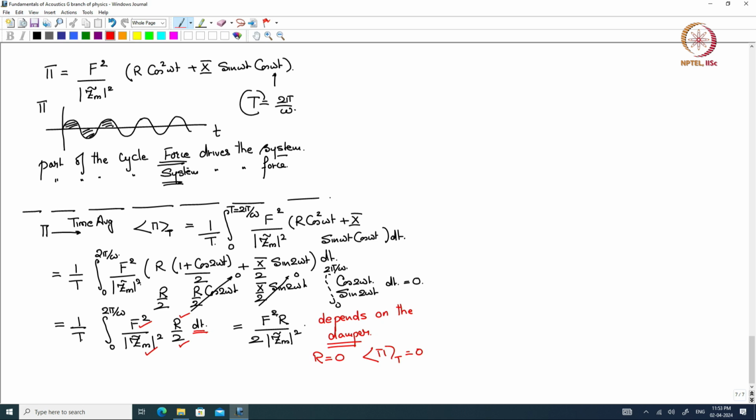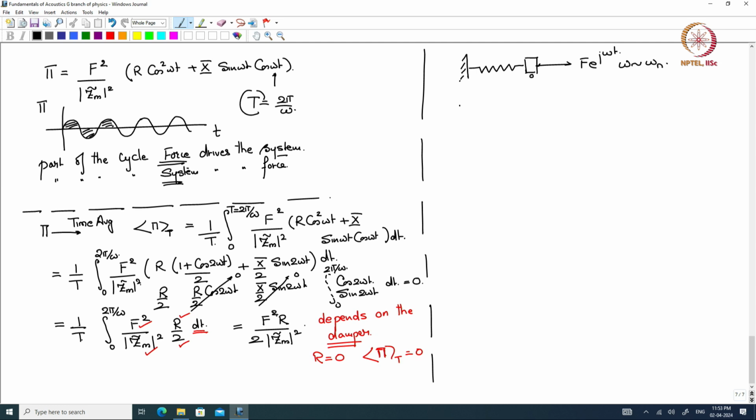Now, an interesting question we can think about is this: I have a spring mass system, no damper, and I am driving with a harmonic force, and let us say the frequency is very close to the natural frequency.